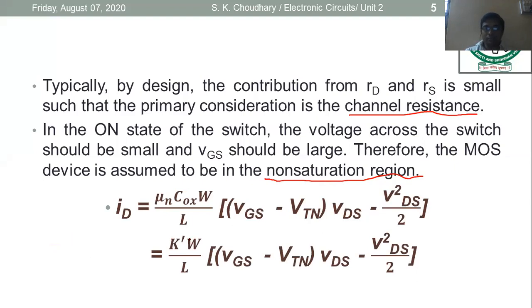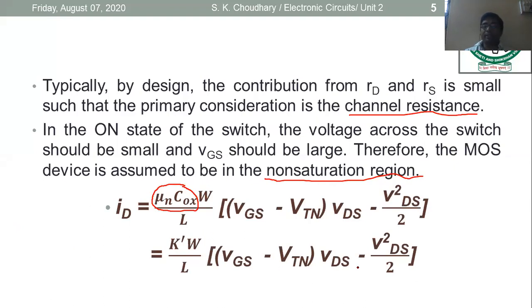Here mu n COX is replaced by a term called capital K dash. W by L is kept as it is; it is the aspect ratio, a very important term, and the rest of the terms remain.